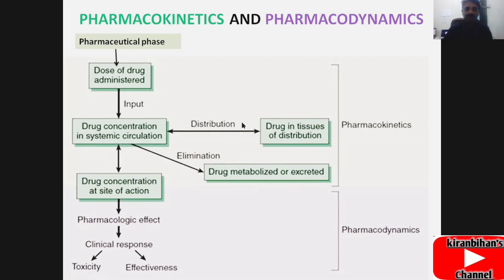So first is the pharmacokinetic process, that is absorption, distribution, metabolism, and excretion. And in pharmacodynamics, we study the pharmacological effects, and pharmacological effects can be toxic effects or therapeutic effects.